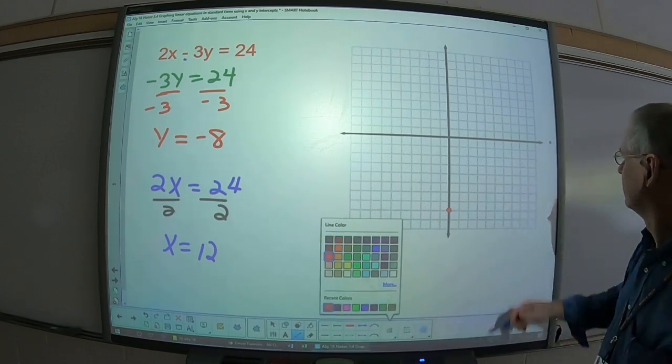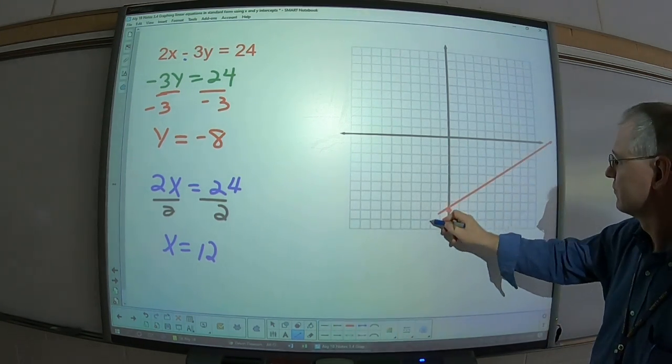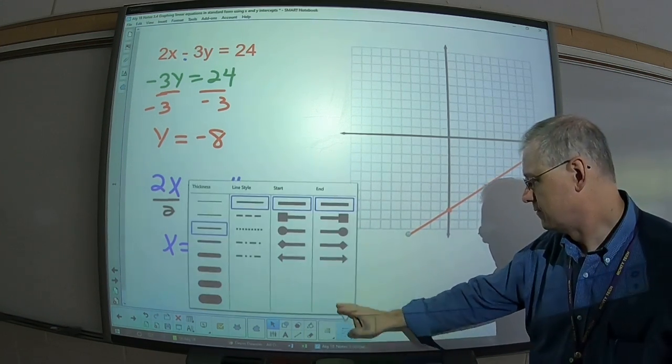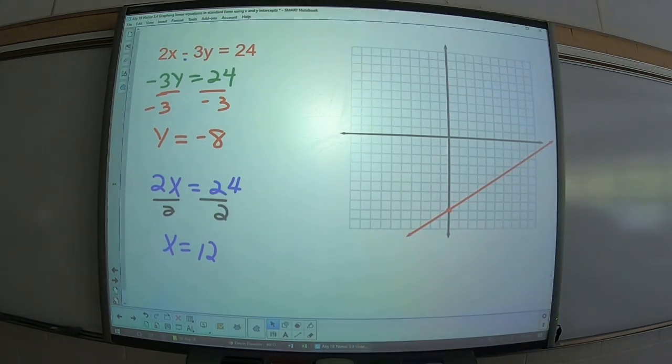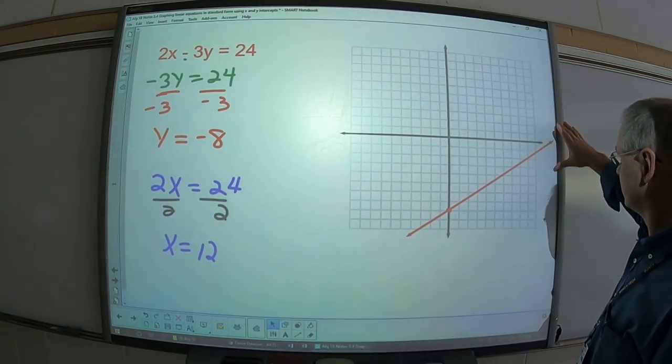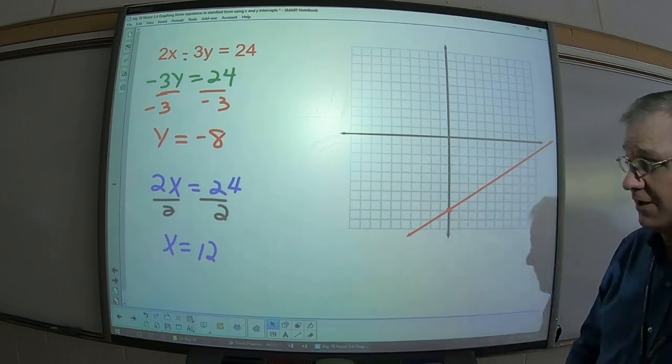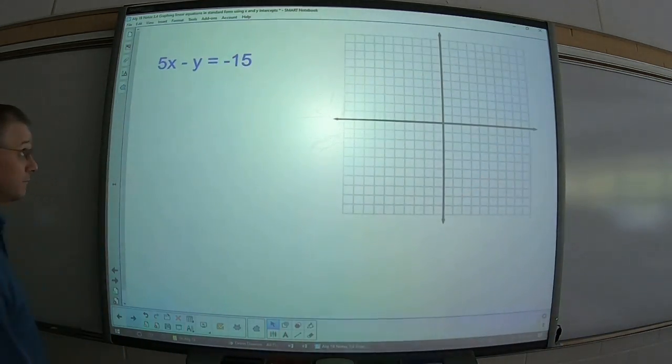How about that? And right through there. Okay. I could recreate one of these and just slide it over so that we can check it, but I think it's close enough for our work here. Hopefully you got that right. Again, try this one, pause the video, try it, and then we'll go over it.